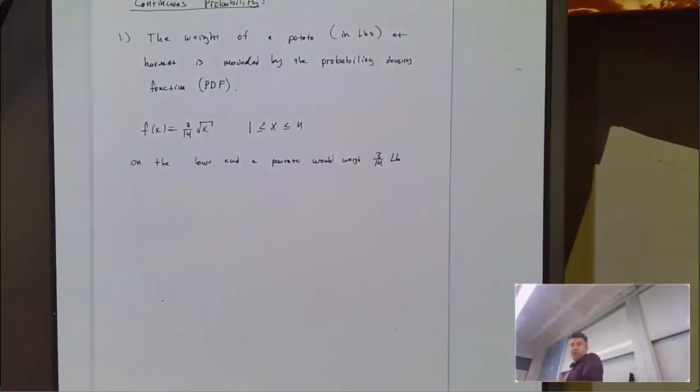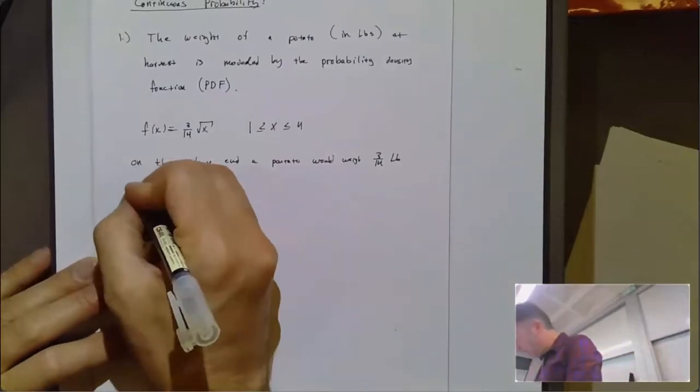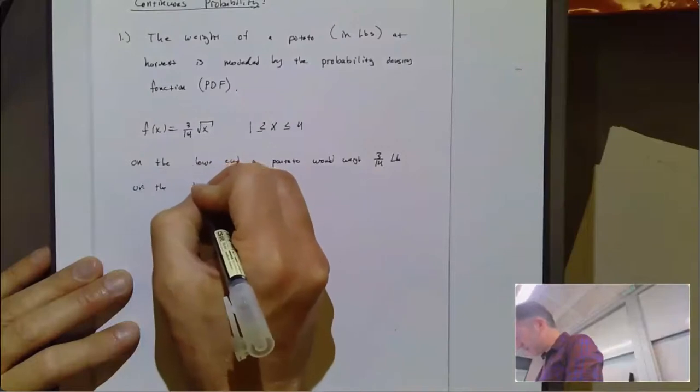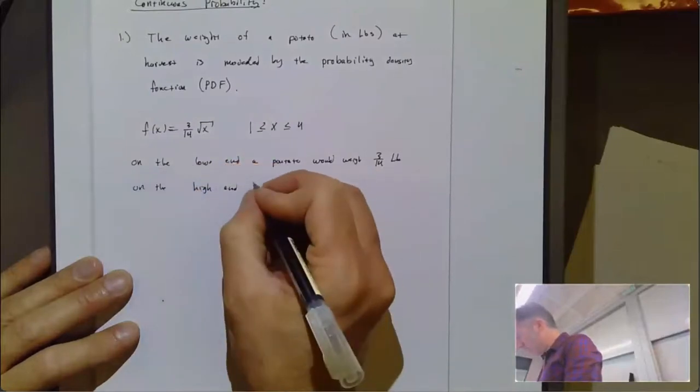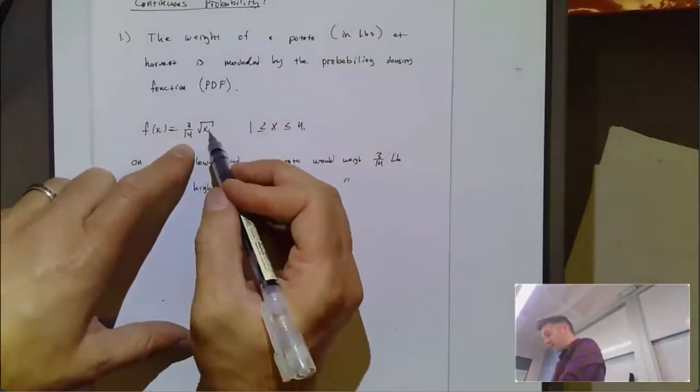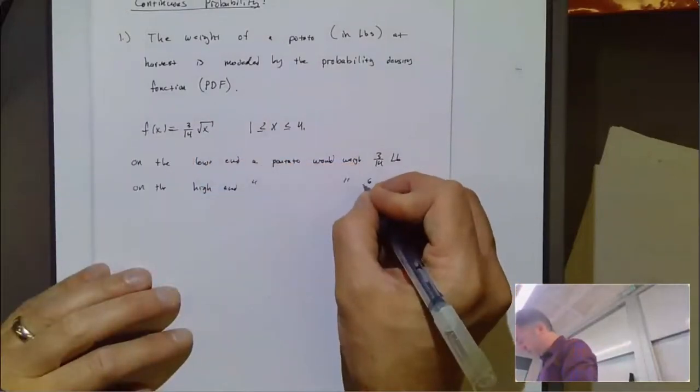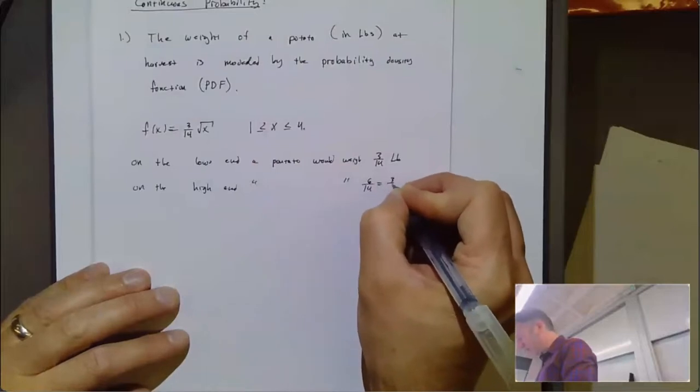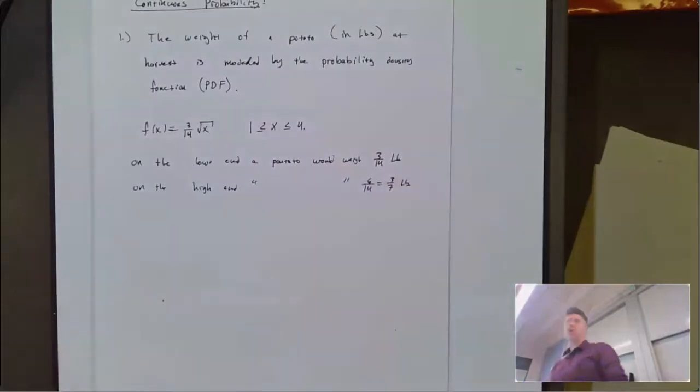There are very small potatoes, very large potatoes, lots of room in between. I like the small ones, actually, pretty good. On the high end, if I plug in 4 for x, 3/14 times 2 is going to be 6/14, which is 3/7. So almost half a pound. It's kind of a big potato.